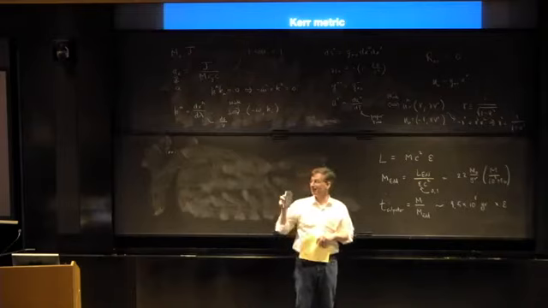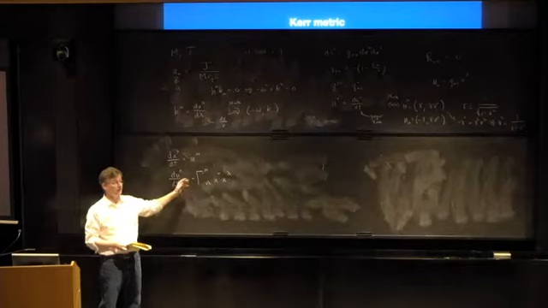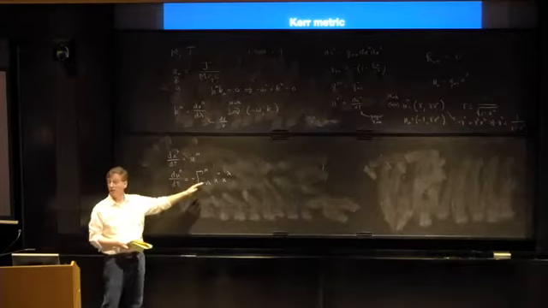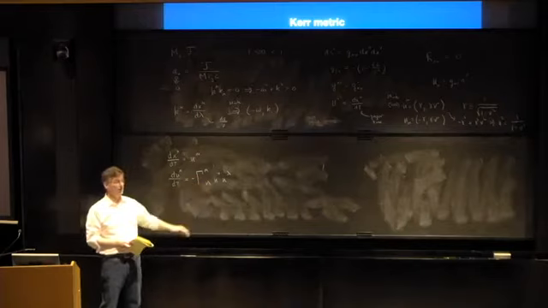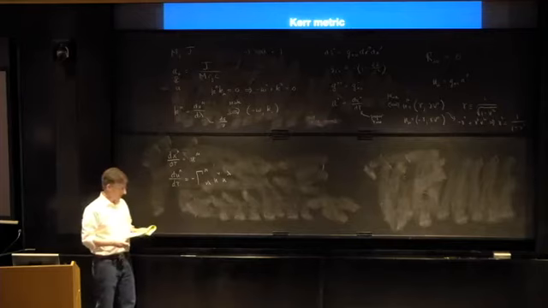This thing is the connection, or Christoffel symbol in a coordinate basis, and it's related to first derivatives of the metric. There's a complicated formula which I won't put up that relates those. You can look that up.